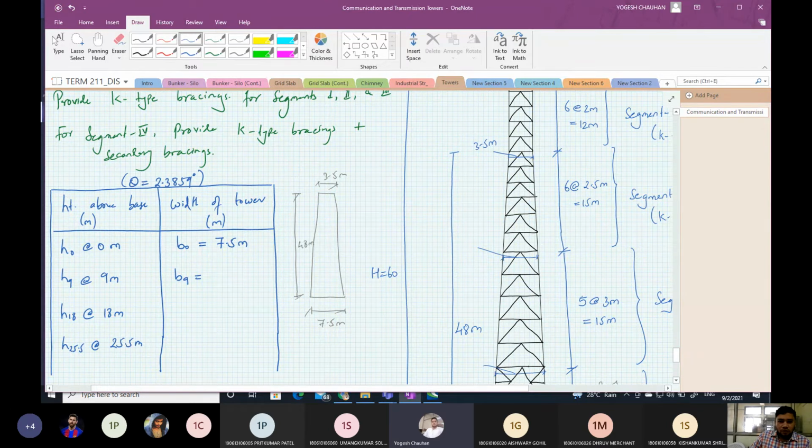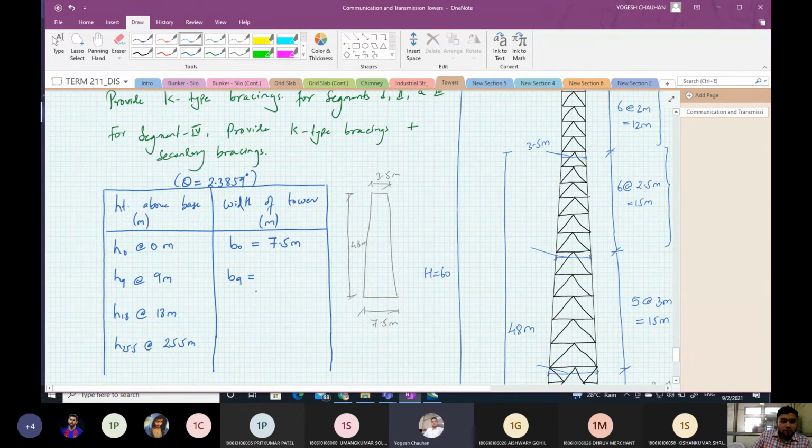So you have to interpolate the values in between. At 9 meter, at 18 meter, then at 25.5 meter.